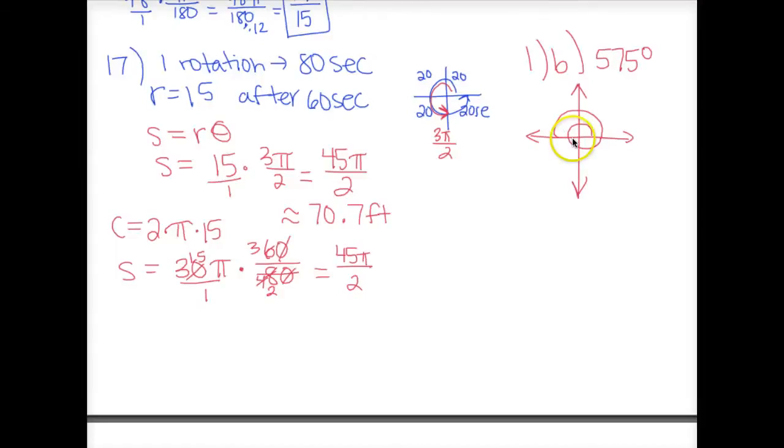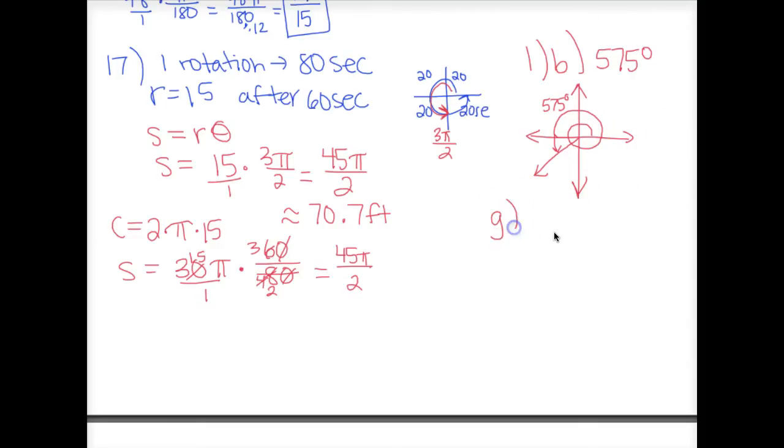Now you know that halfway into this quadrant is 45 degrees, so you just need to go a little bit less than halfway. And then you draw your terminal side of the angle and you label it 575 degrees. All right, so that's a positive angle. This one happens to be in degrees.